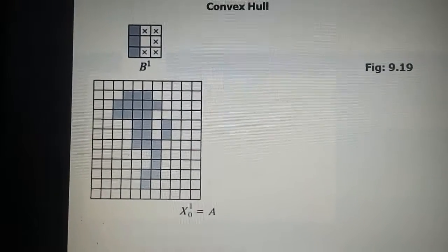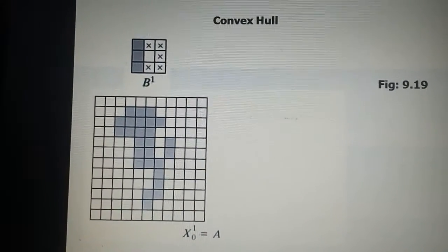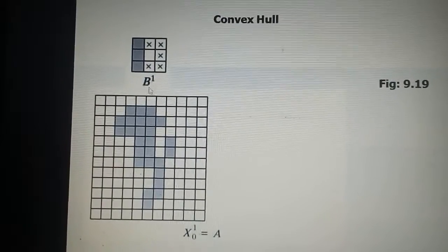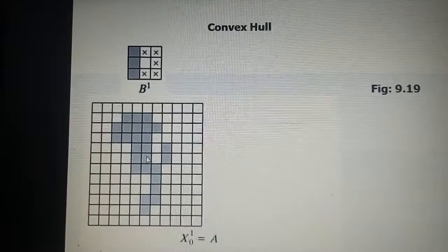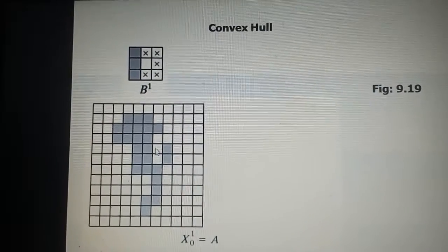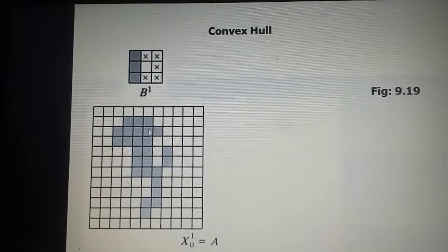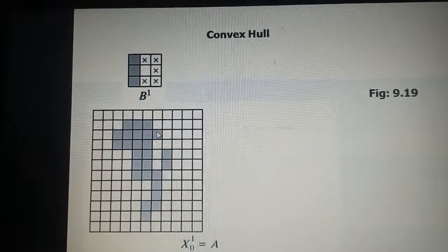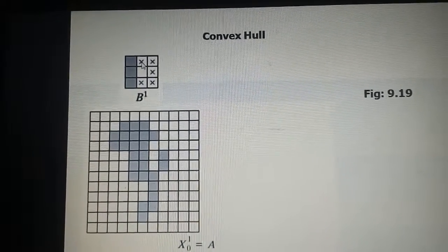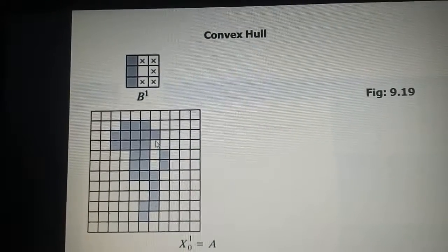So where we can observe this pattern is, you can see in this region here, these are the three shaded and one empty place. Similarly, these are the three shaded and this empty place. Of course this is shaded, but since in the structuring element it's a don't care, you can take this.